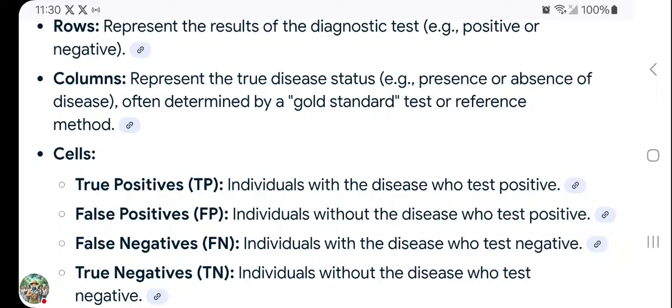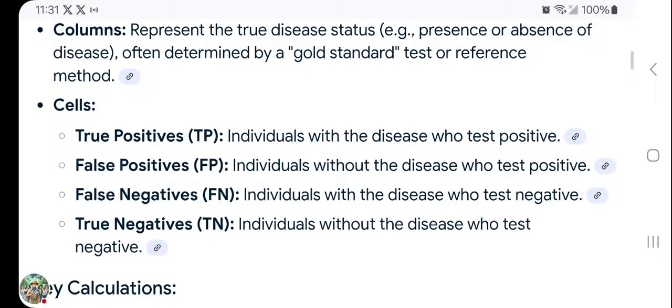False positives are individuals without disease who test positive. That's dangerous, right? False negatives are individuals with the disease who test negative. So this is a miss. True negatives are individuals without disease who test negative.